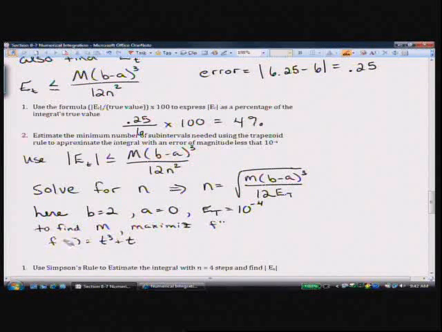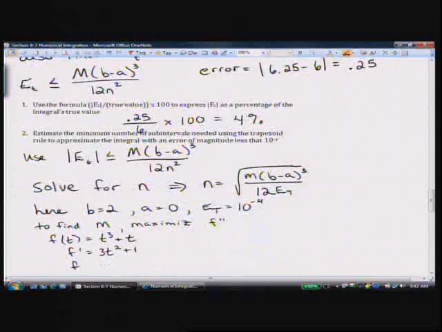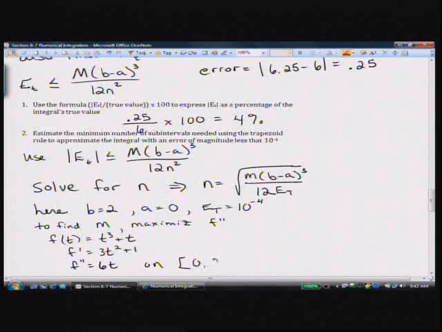So I guess it's f of t. And so the first derivative is 3t squared plus 1, and then the second derivative is just 6t. Okay? All right, so on the interval from 0 to 2, what is the max?